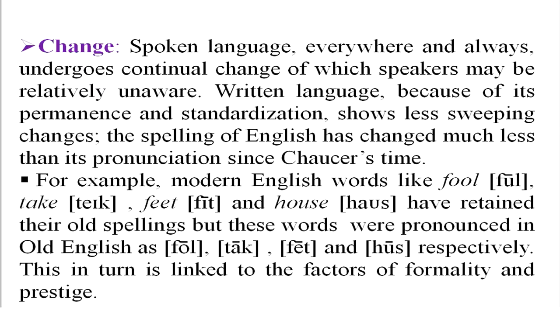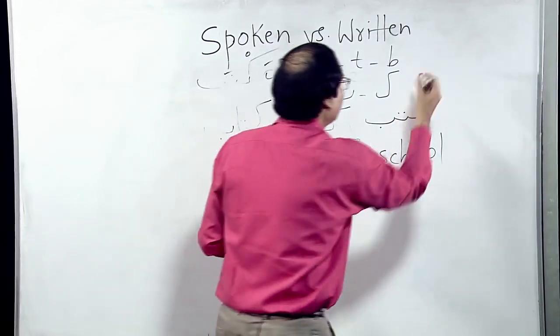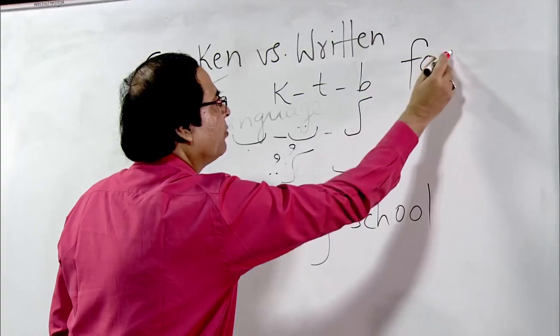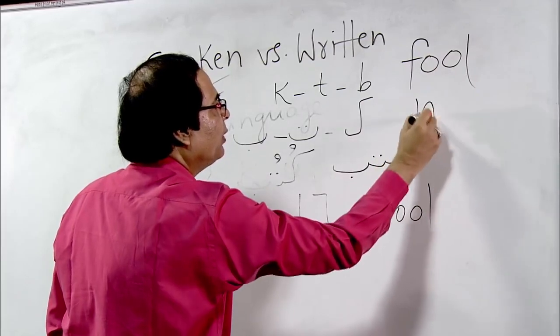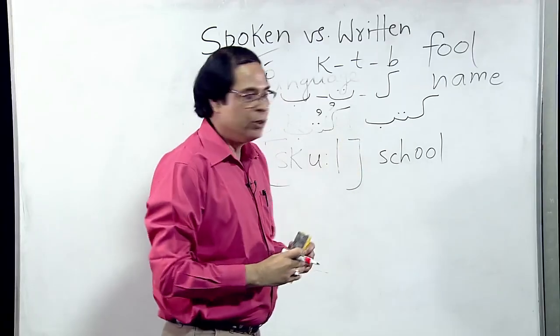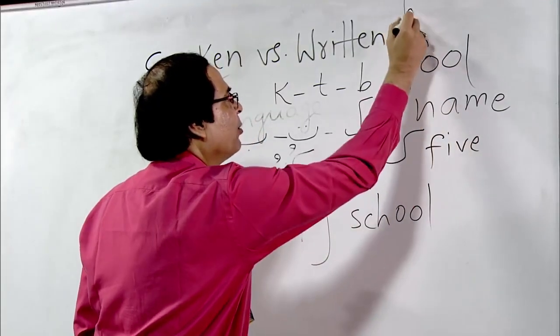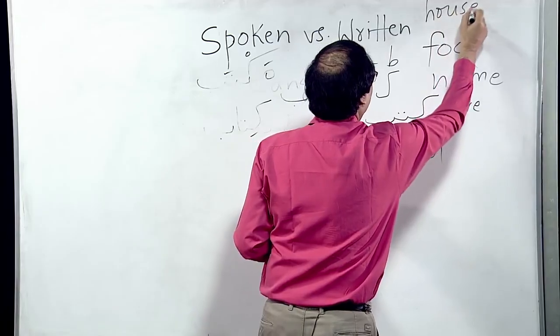You can see, in written English, let us say you have words like fool, name, just let us take two examples, or maybe take one more, house.